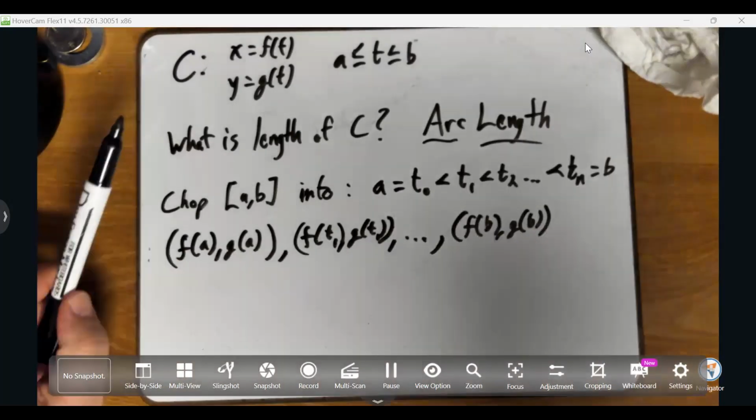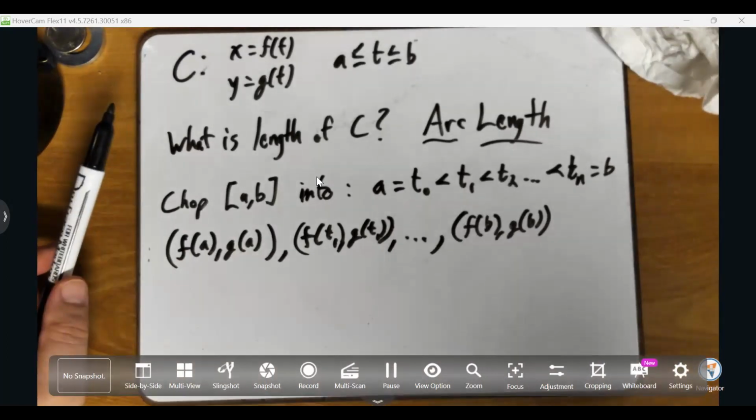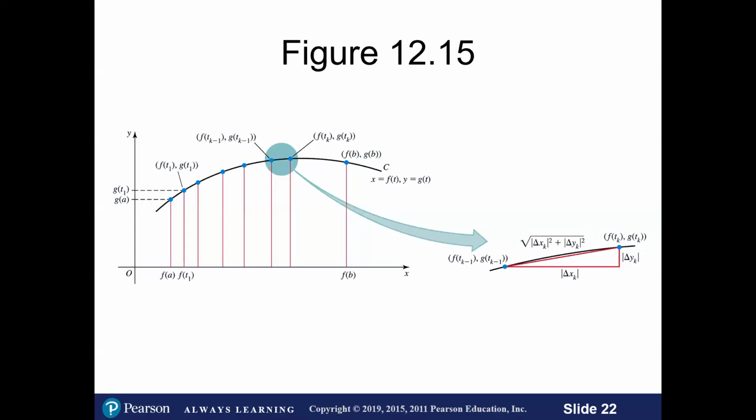So I'm going to look at all of those points, and that's going to give me something like this. Again, this is just an arbitrary path, not saying that it has to be this particular path. We chop up the t range into pieces, and then we evaluate the parametric curve at each of those endpoints, and that's going to give us something like this.